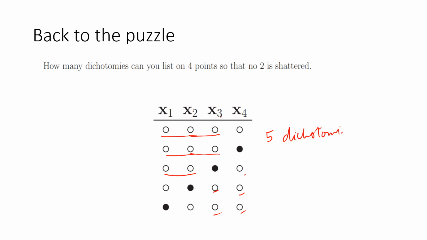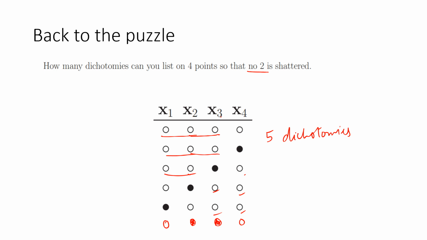Well, we can also check that by trying to add another dichotomy and see if the 6th one is able to have no 2 shattered. Is it possible or not? Okay, so let me add a 6th dichotomy that does not exist amongst these 5, which is going to be, let's say, you can add any one. So this is the black ones and something like this.